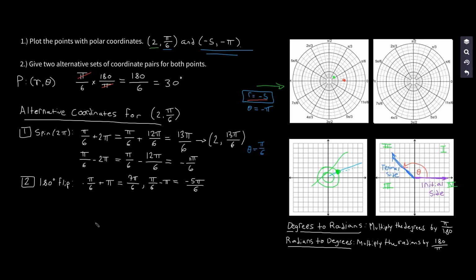So the result could look like this: -2, -5 pi over 6.